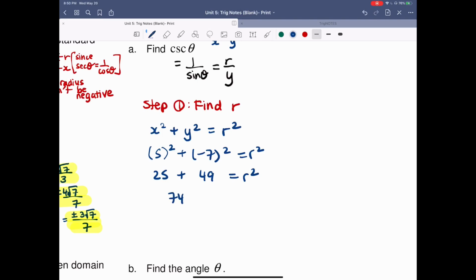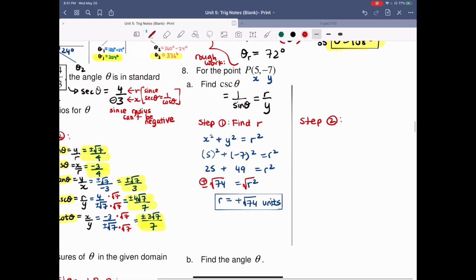So 74 is equal to r squared. I'm going to square root both sides, and I'm going to grab just the positive version because it's dealing with the radius. And so r is equal to the square root of 74, and the units are just units if the units are not mentioned for the radius.